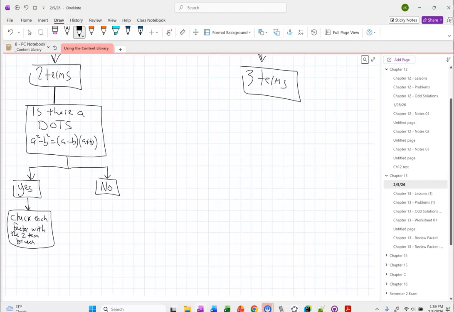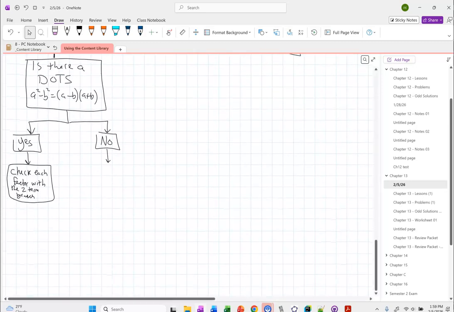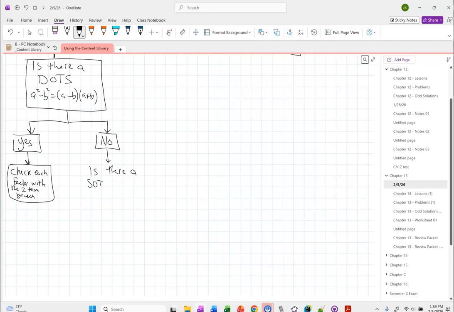If there's not a difference of 2 squares, then we ask ourselves, is there a sum of 2 cubes or difference of 2 cubes?